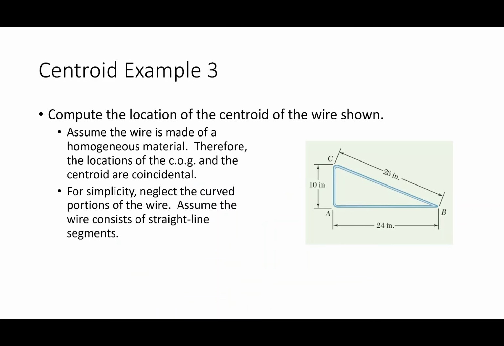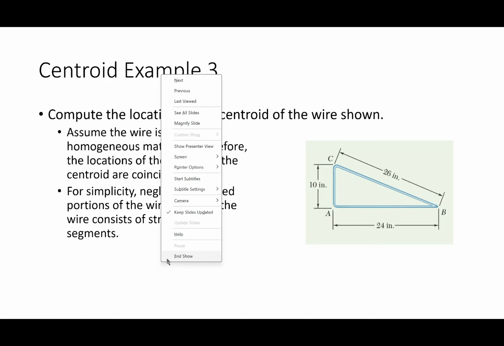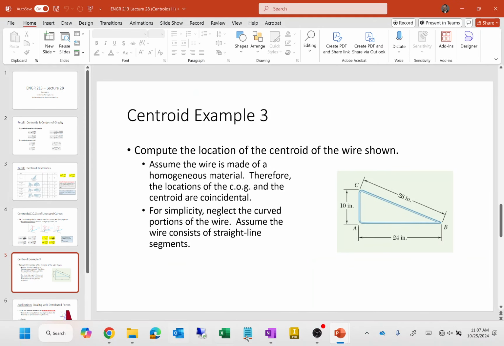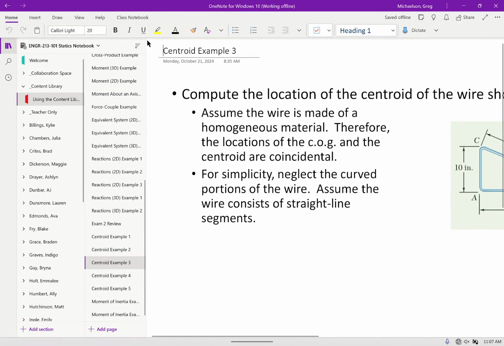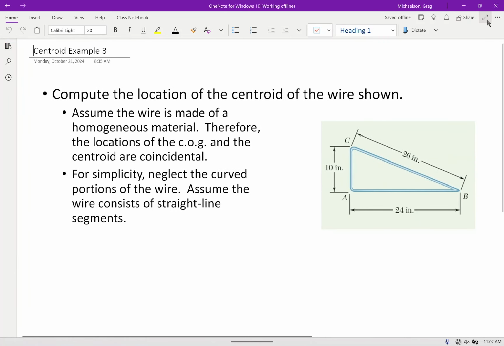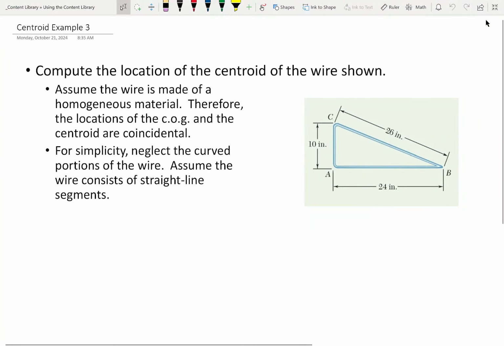Okay? And so just to get right into it, I want to look at the following example just to make sure that we're comfortable with this. So what we're going to do is compute the centroid of this wire group. Now, I want to be clear on a couple things. First off, we are not going to get the same answer as B over 3 and H over 3.